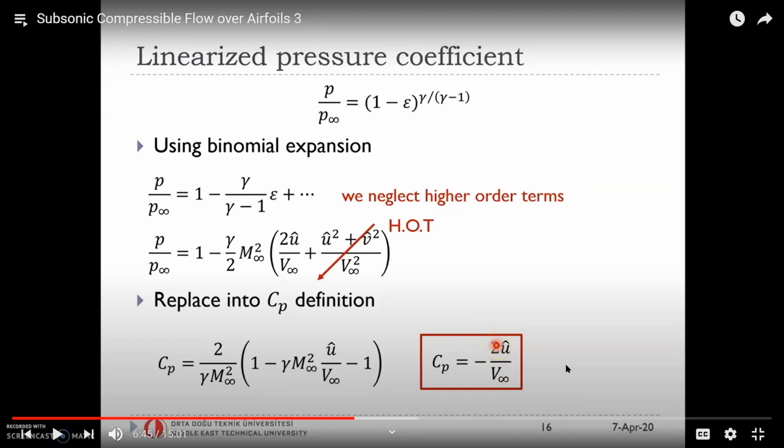It's basically the ratio of perturbation velocity along x to V infinity. So it's quite easy to calculate the pressure coefficient if you can solve that phi equation for the perturbation velocity potential: you get phi hat, you get the derivative with respect to x, you get u hat. This means that you automatically obtain the Cp distribution on the airfoil using the u hat distribution around the airfoil.